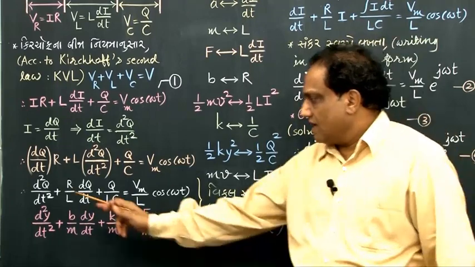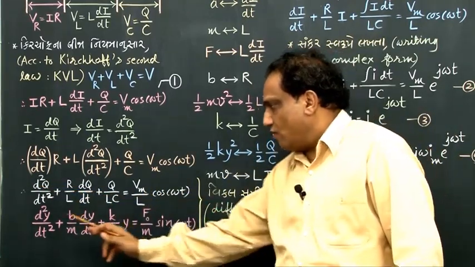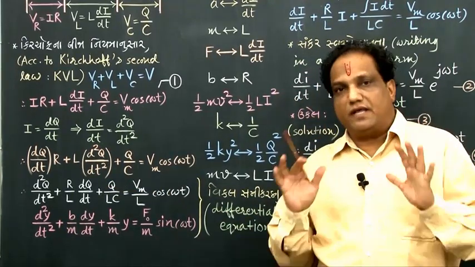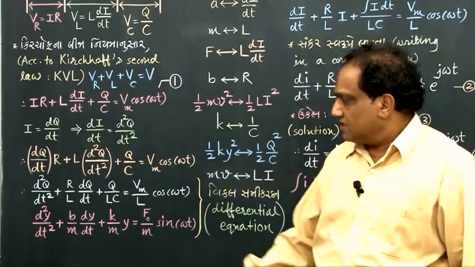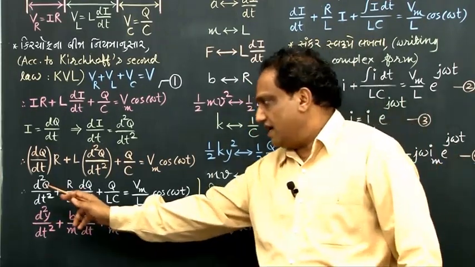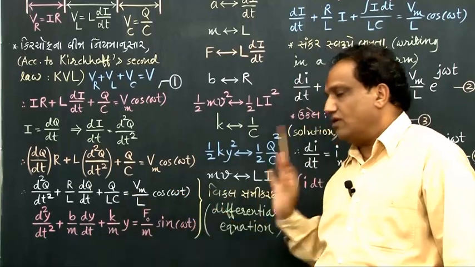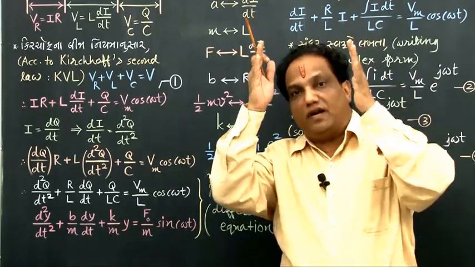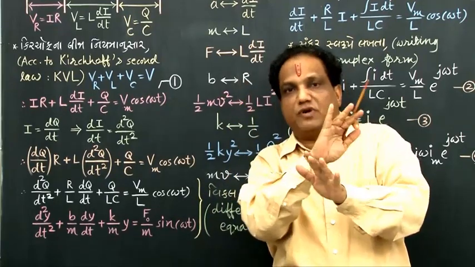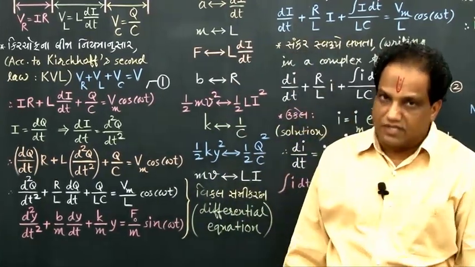Now tell me, these two equations are quite similar to each other. They are analogous and hence we can find certain mechanical quantities quite similar to certain electrical quantities. So let us make a list of all the mechanical quantities and corresponding similar electrical quantities.